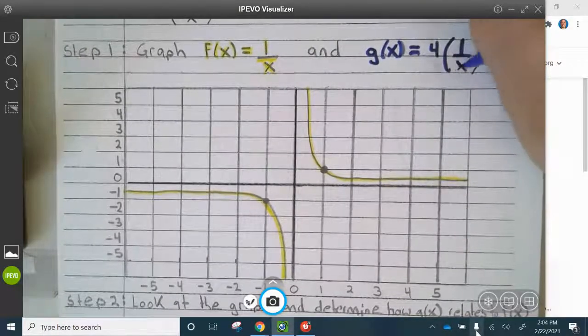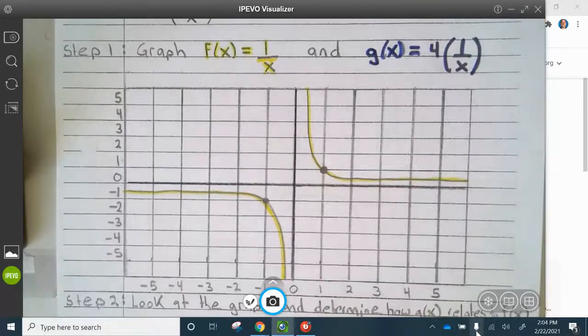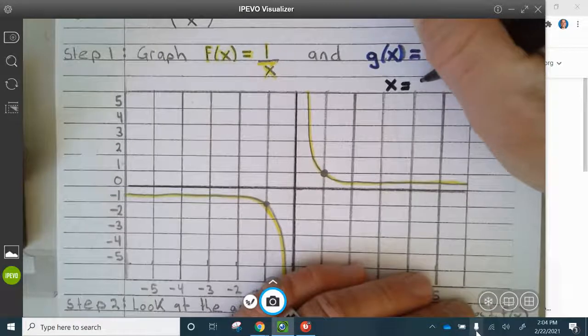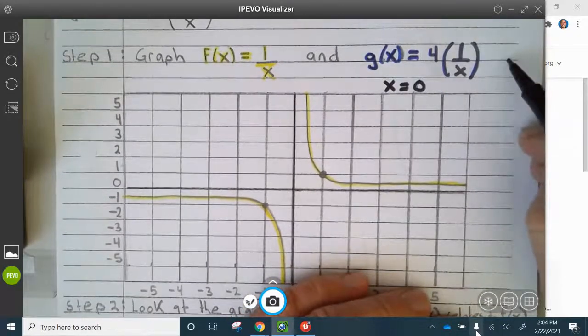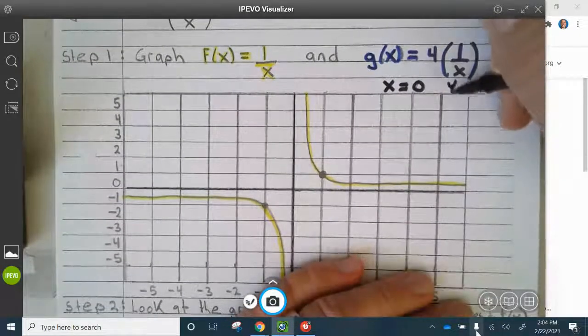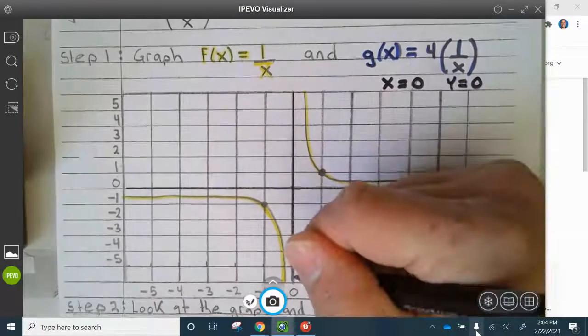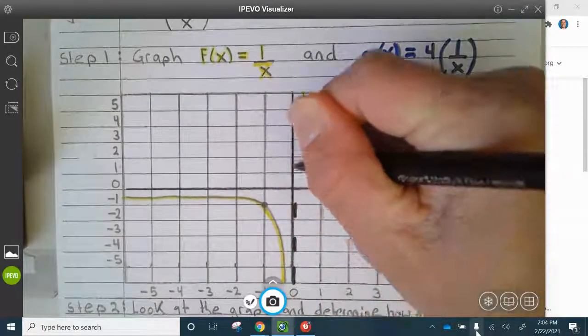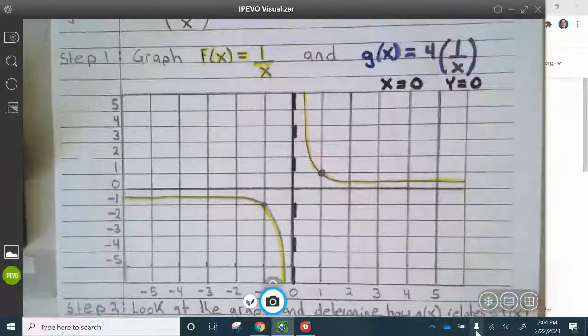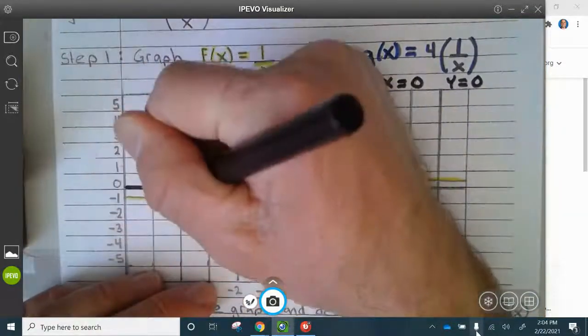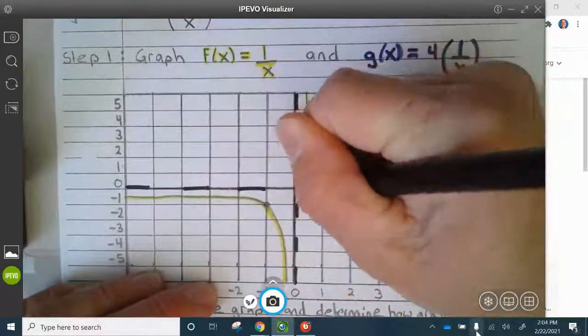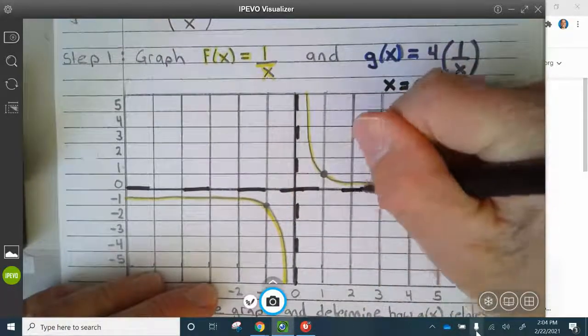So we set the denominator equal to 0, so we have an asymptote at x equals 0, and there is no plus value, so that's plus 0, so we know that y equals 0 is our asymptote, okay? So we have x equals 0, and y equals 0.